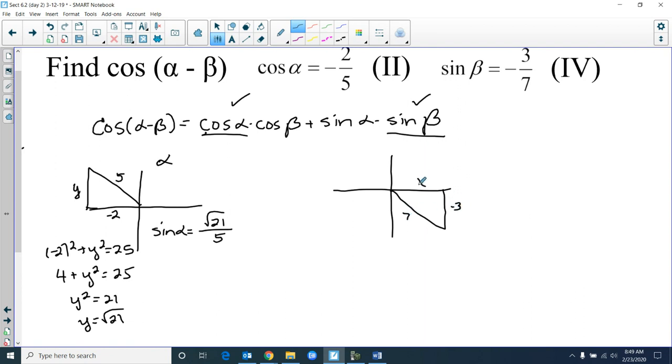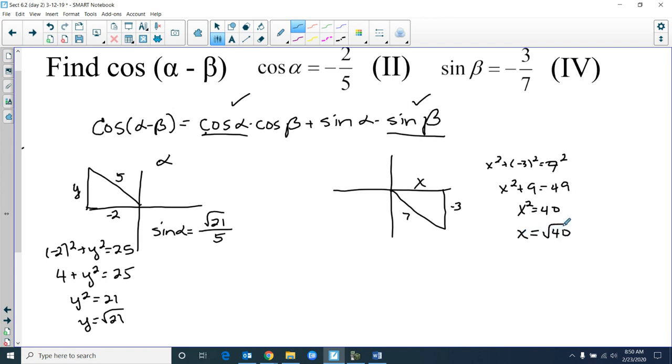I need to find the x value so I can figure out what the cosine of beta is. So x squared plus negative 3 squared equals 7 squared. X squared plus 9 equals 49. X squared equals 40. X equals the square root of 40.